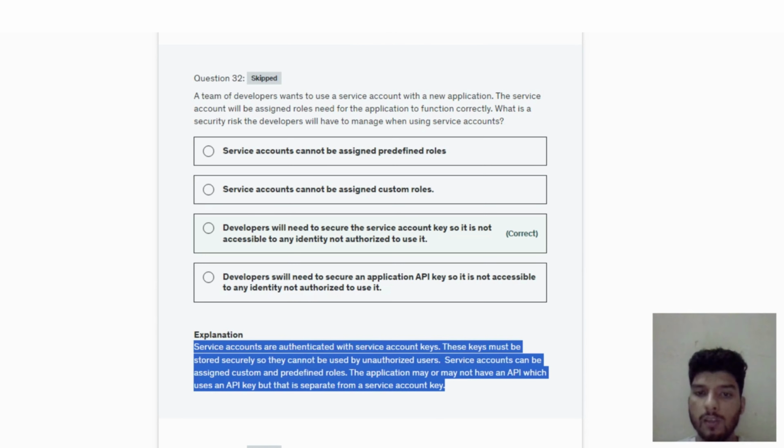The service account can be assigned custom and predefined roles. The application may or may not have an API which uses an API key, but that is separate from the service account key. I think you got the point. And moving ahead to question number 33.